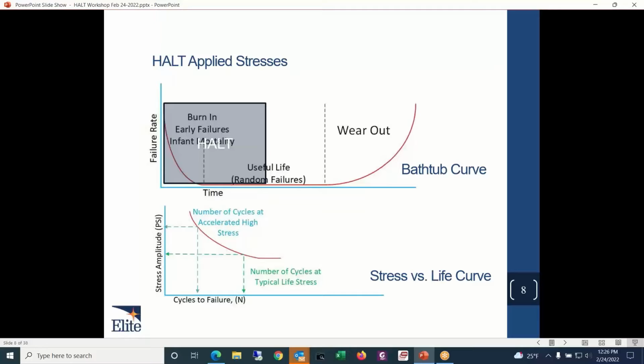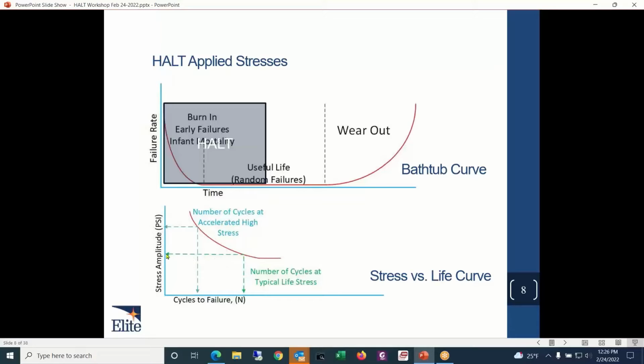The value of HALT comes from high stresses, right? If you look at a stress life curve, where we've got the stress amplitude on the y-axis and the cycles to failure on the x-axis, over here, this might be where your normal life cycle is.